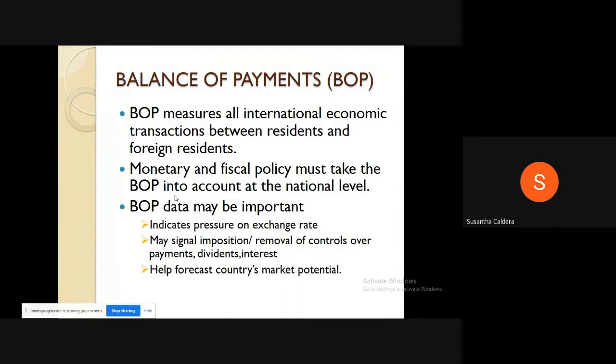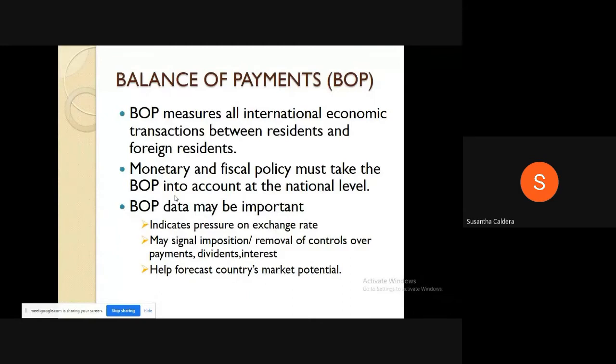The balance of payment of a country is very, very important. In a country like Sri Lanka, we are facing a balance of payment deficit, a very negative side of the balance of payment operations. Right?